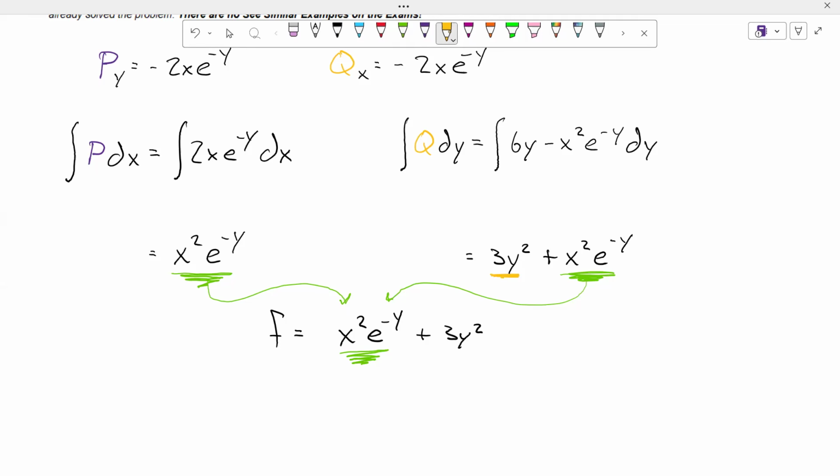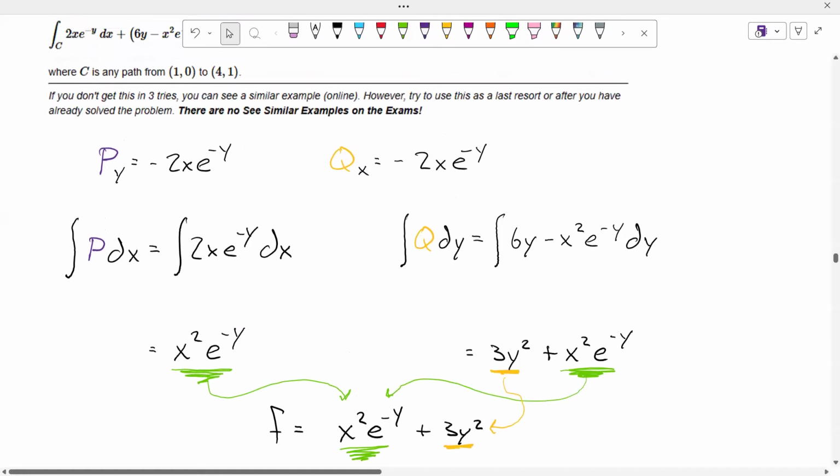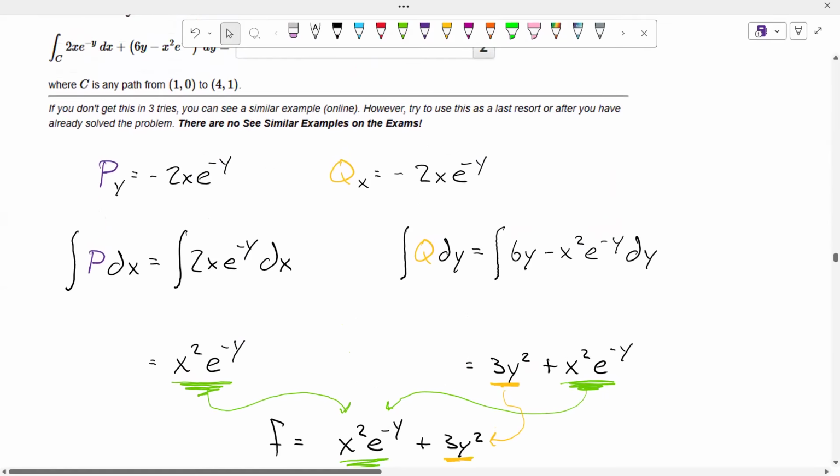I also see that there's this 3y squared term, but it only shows up in the y integral, which is what we'd expect. There's no x dependency in that term. So when I look at taking the partial x of my function f, that term should vanish. So that guy also ends up in the potential function. I can double check this by taking the gradient of the function real quick and showing that I get back to my original two field values, p and q.